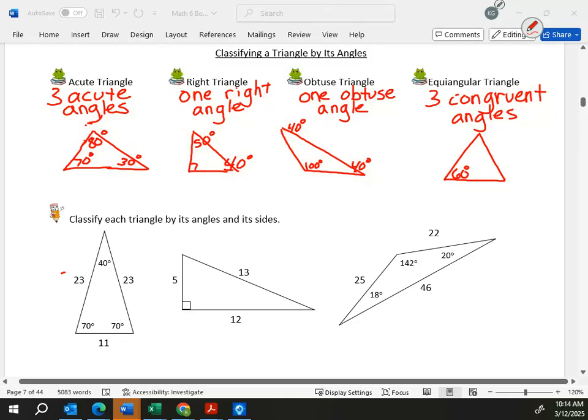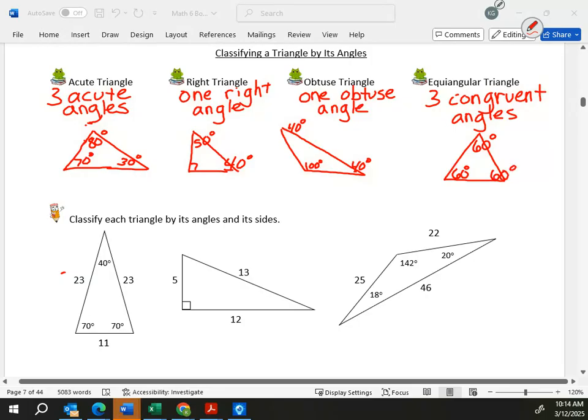Why does it have to be 60, Lexi? Because it has to equal 180 and they all have to be the same. It has to equal 180 degrees, and they have to be the same measurement. 60 plus 60 is 120, plus 60 is 180.